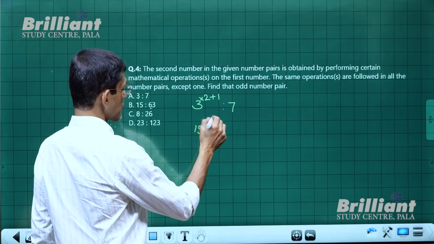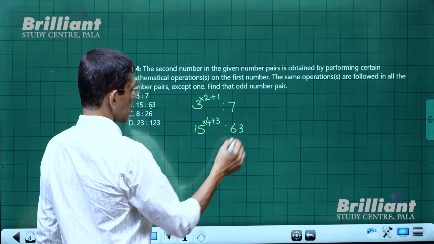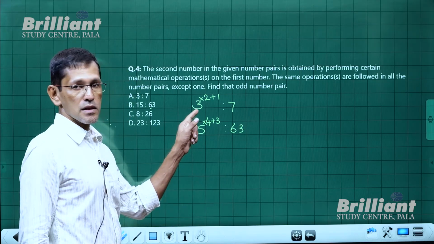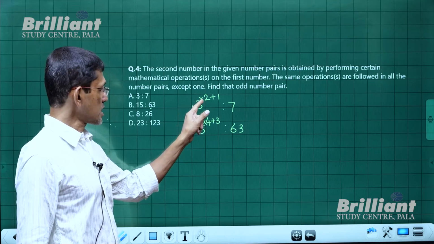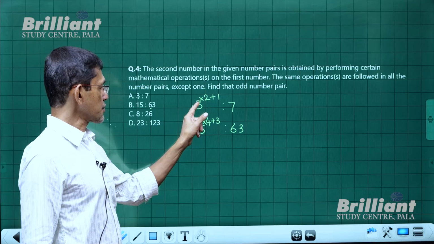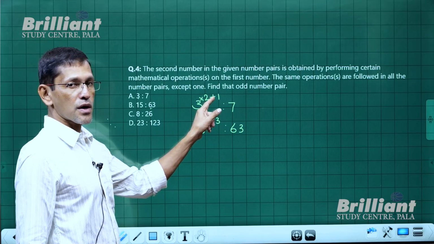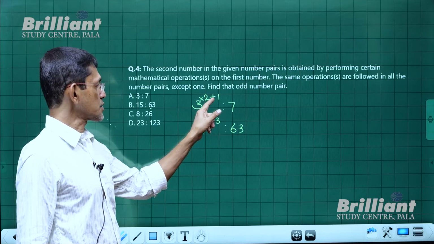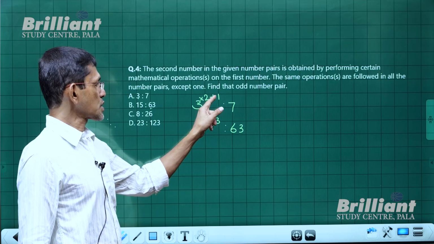Well, 15 into 4 is 60 plus 3. That's 63. So we need to multiply the first number with a single digit number. So what is it? 2. So 3 into 2, then we have to add a number which is less than this 2. So 3 into 2 plus 2 minus 1 is 1.